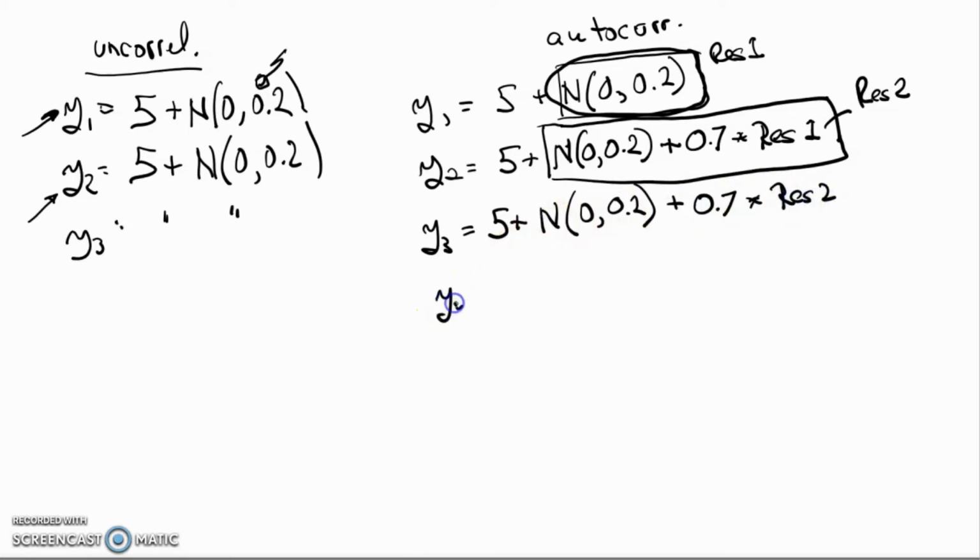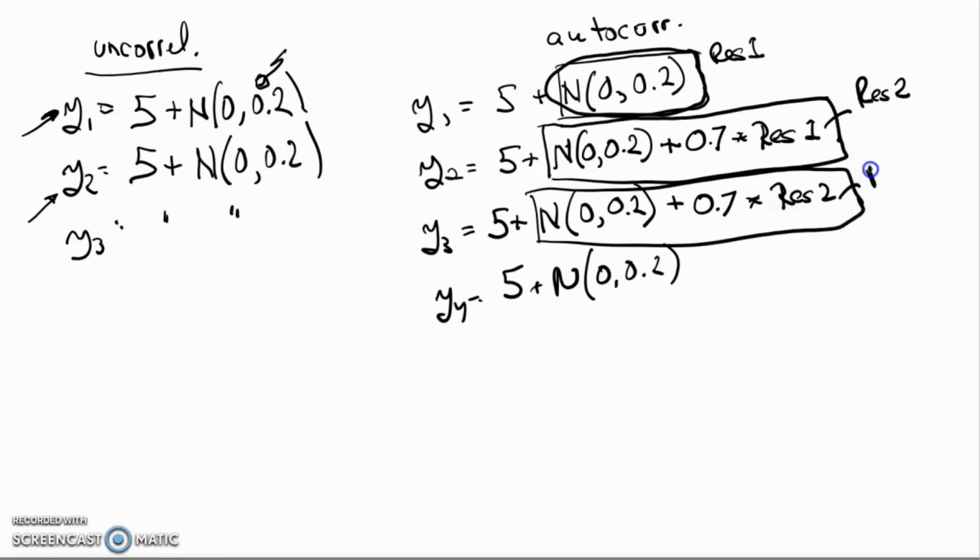And then y4, the same thing, 5 plus a normal with mean 0 and standard deviation 0.2. This is residual 3 plus 0.7 times residual 3.